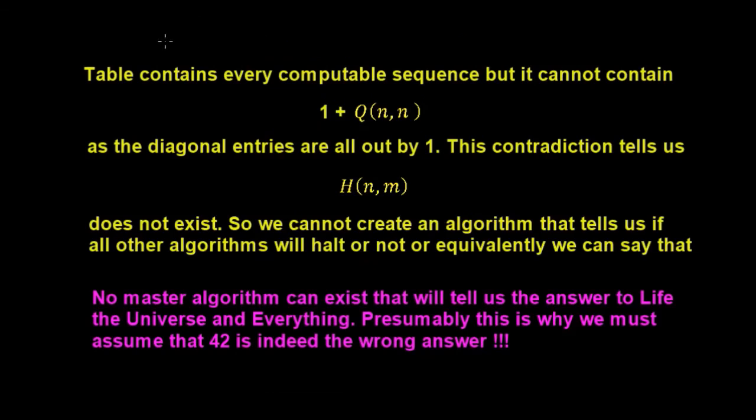So we're saying that the little table that we've drawn out, every single row in it will contain every single computable sequence. But the problem is that it can't actually contain the 1 plus Q n,n, because every single diagonal entry for the 1 plus Q n,n is going to be out by a value of 1.